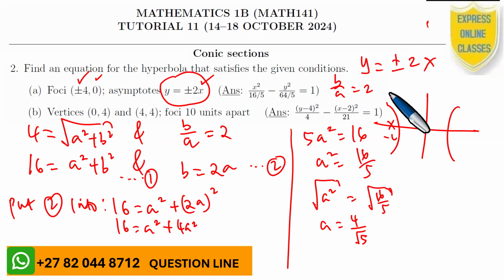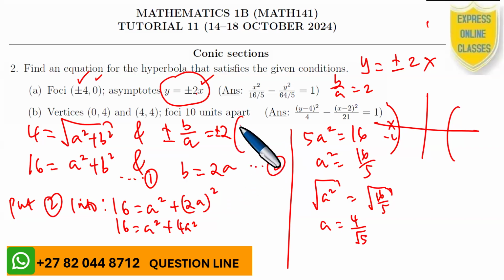Okay. If b over a is 2, well, we can put plus or minus here, but it's not necessary, because ultimately, in the end, it means b equals that.